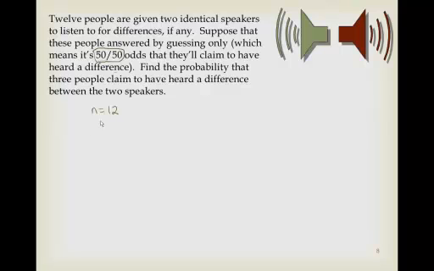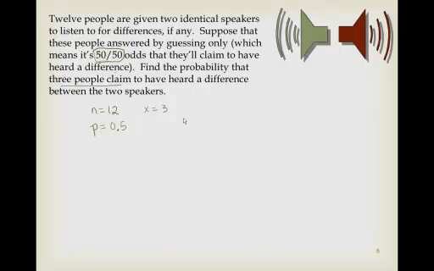So the probability of them saying, yes, I heard a difference, is 50-50. So that's our probability. Now, we're asked, what's the probability that 3 people claim to have heard a difference? What's the probability that x is equal to 3? Oh, okay, we've got it.